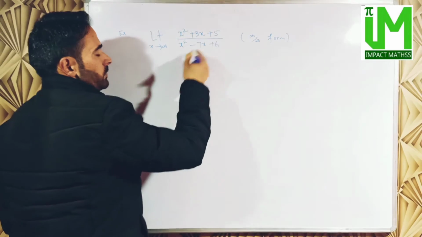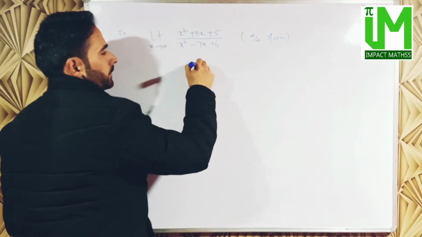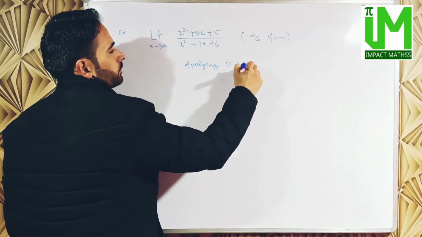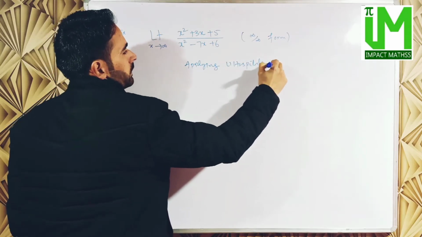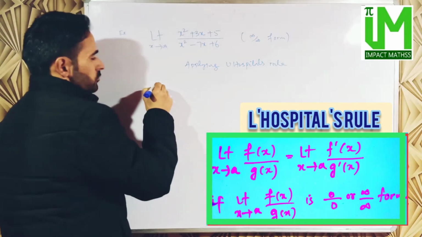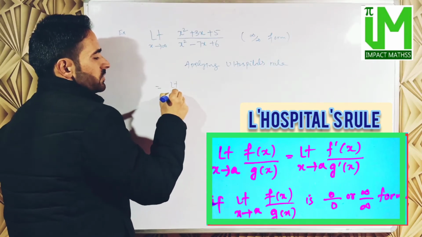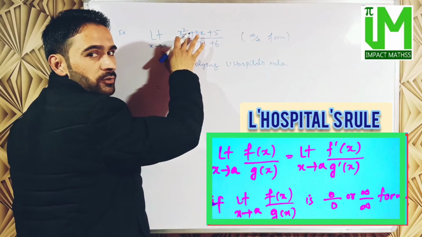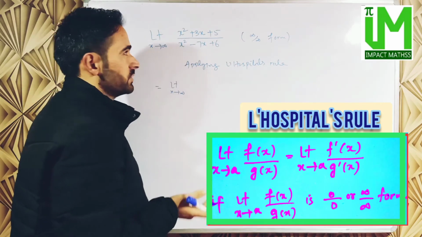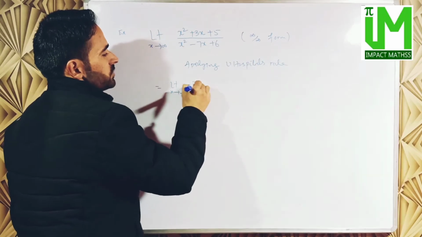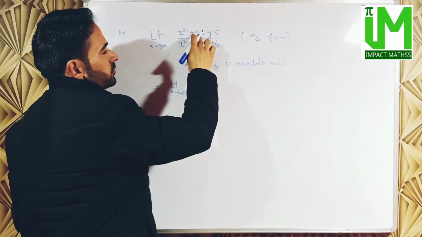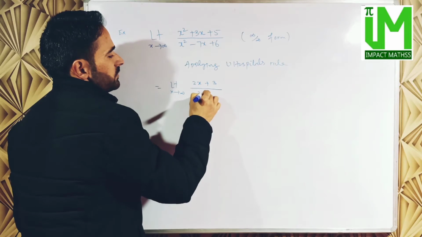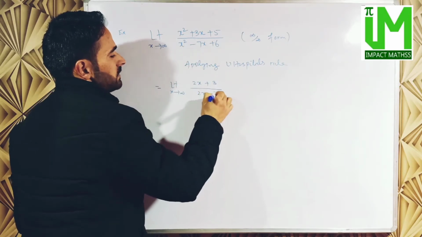So applying L'Hopital's rule, this will be limit x tends to infinity of the derivative of the numerator divided by the derivative of the denominator. The derivative of x squared plus 3x is 2x plus 3, divided by the derivative of the denominator, 2x minus 7.